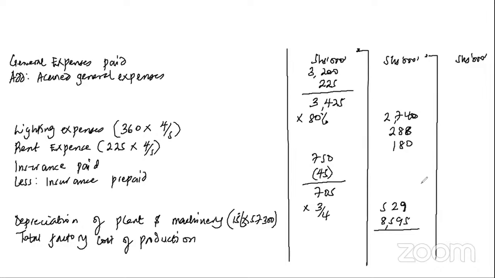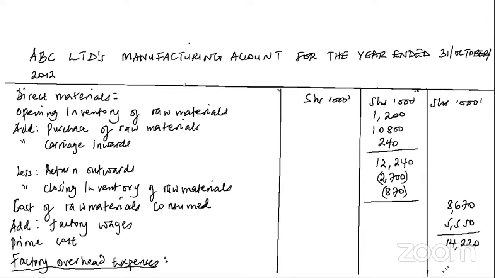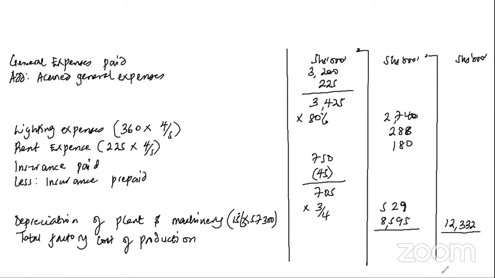When you add the factory overheads, I think you'll come up with a total of 12,332, which you have to add to your prime costs of 14,220 to come up with a total factory cost of production of 26,552. That is the total cost of production. In other words, that is the cost that was incurred to do the production.